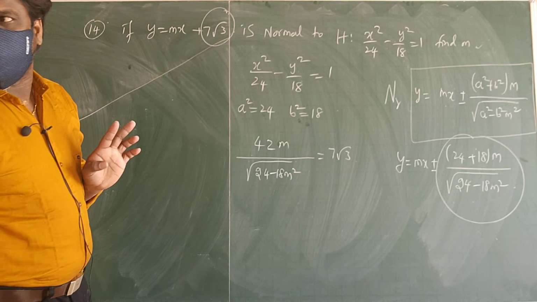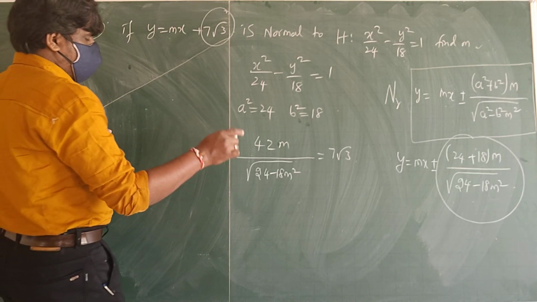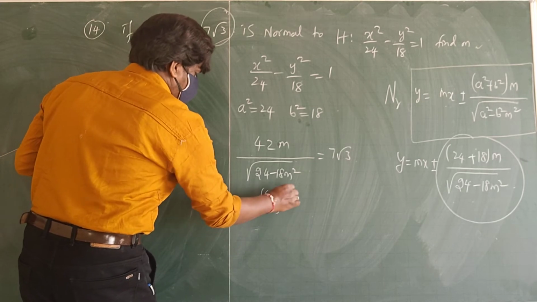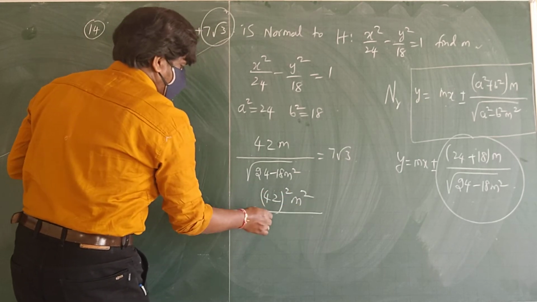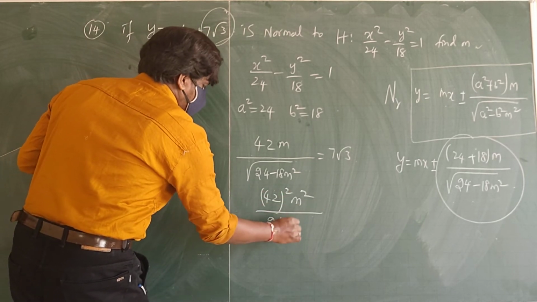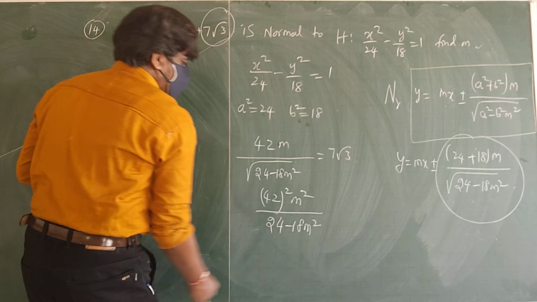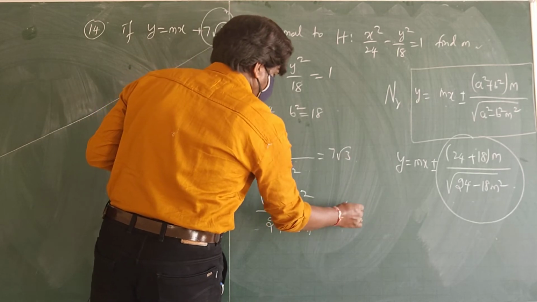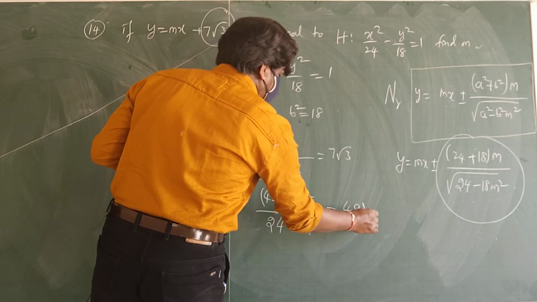Squaring on both sides. So what do you get here? 42 whole square into m square divided by 24 minus 18 m square, root cancels, is equal to 7 square, that is 49, into root 3 square, that is 3.